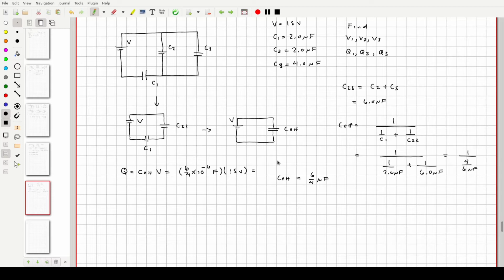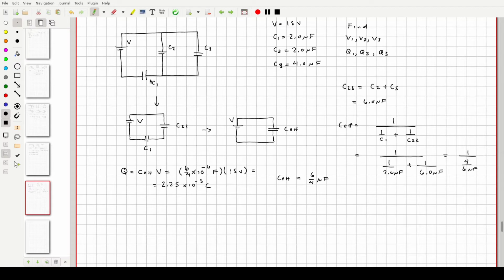When you do that, I get 2.25 times 10 to the minus 5th. So that's how many coulombs our C effective capacitor has, or is storing rather. But it's stored differently.